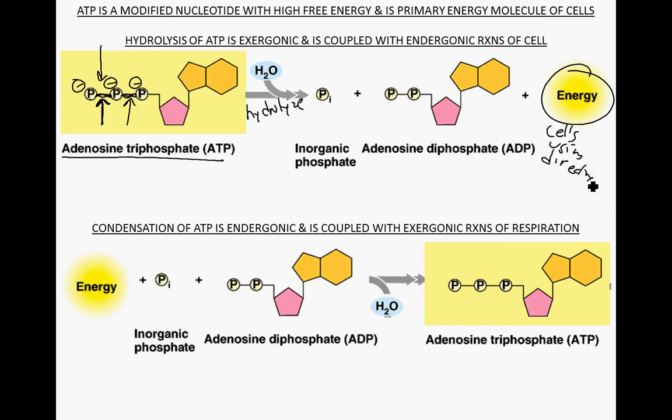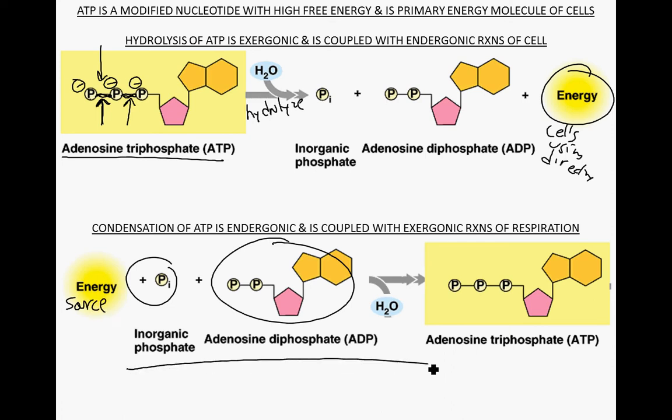We have to make this ATP molecule, however. If we're going to make ATP from an inorganic phosphate and ADP, we need an energy source to drive this reaction in this direction, which is positive delta G. Look at the titles: the condensation of ATP is endergonic, positive delta G, and is coupled with the exergonic reactions of respiration.